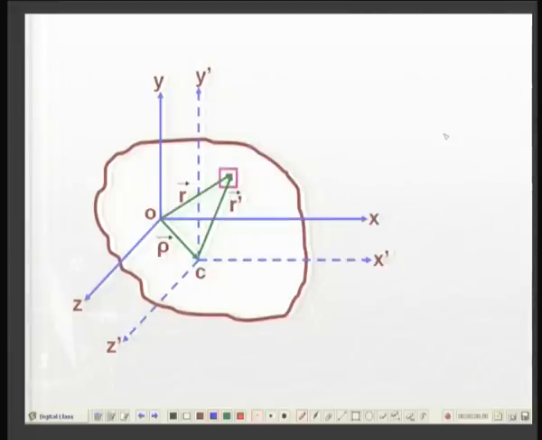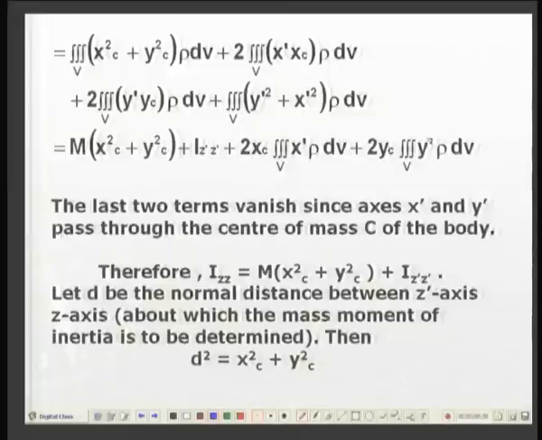So in the x dash y dash z dash coordinate system, the coordinates of the center of mass are 0 0 0. So it means that these two volume integral terms reduce to 0, and hence the contribution is 0, and I am left with Izz is equal to m xc square plus yc square plus Iz dash z dash.